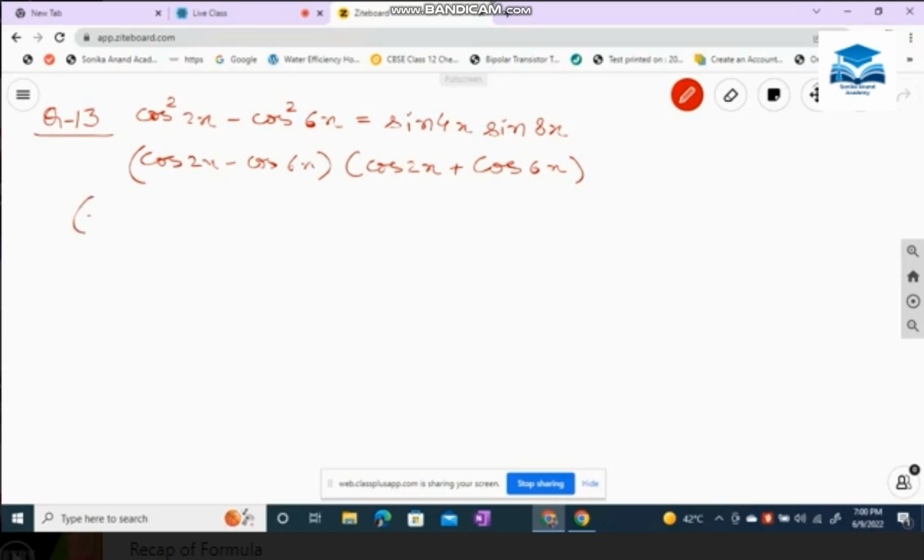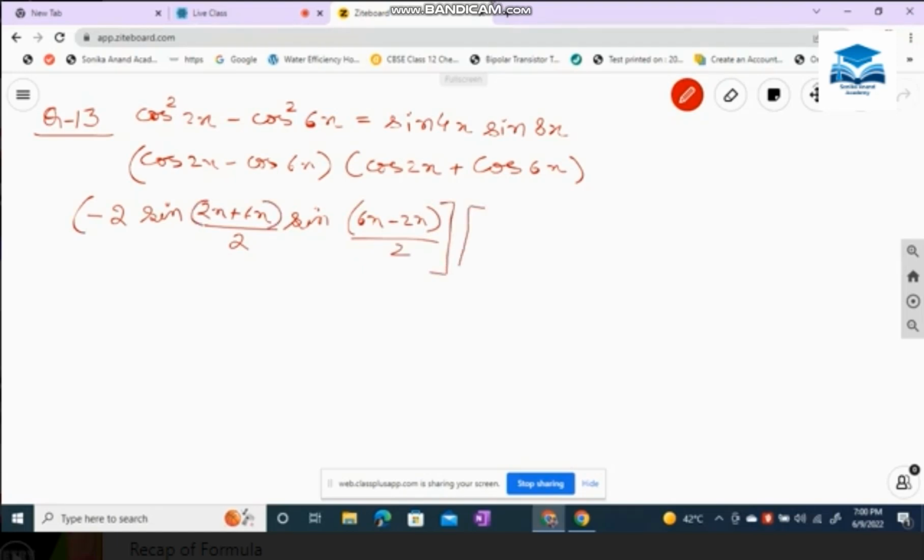So we write minus 2 sin (a plus b) by 2, (a minus b) by 2. That is (2x plus 6x) by 2, and sin (6x minus 2x) by 2. No problem.